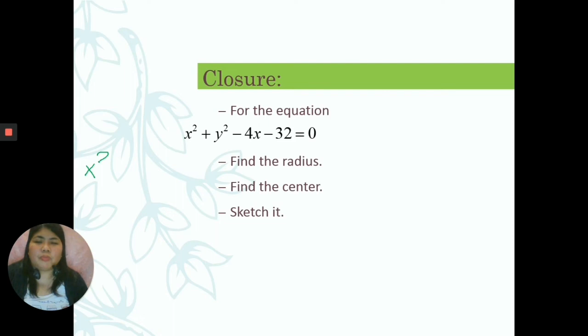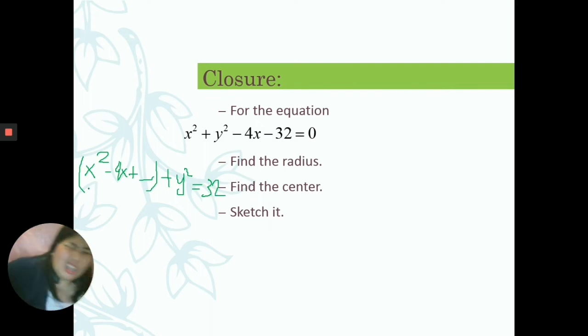So now, group the x squared minus 4x plus blank, then y squared. As we can see, we don't have another term with y, so we only have y squared, and then negative 32, so transpose it to the other side and it becomes positive 32.